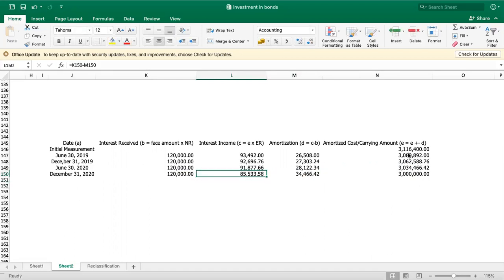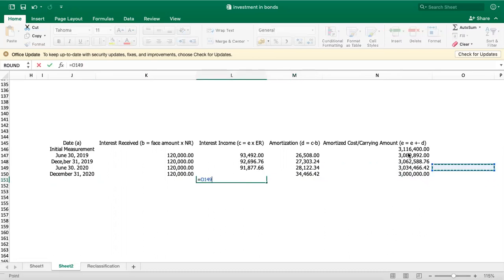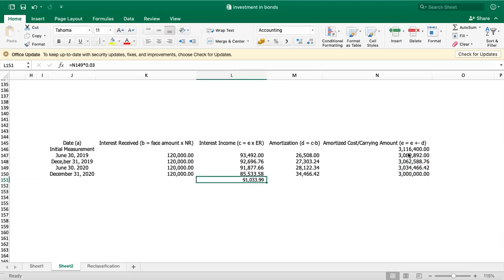So, mayroon tayong 85,533.58. Okay, so since this premium, if we try to multiply this one by 3%, hindi yan sasakto. Yeah, 91. But the correct answer is 85,000. Okay, this is now our amortization table for this problem.